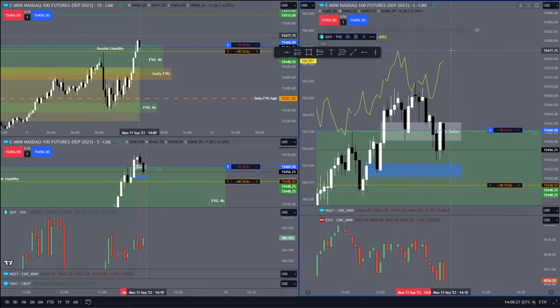Whoa. Okay, we're watching the dollar right here on this yellow line.